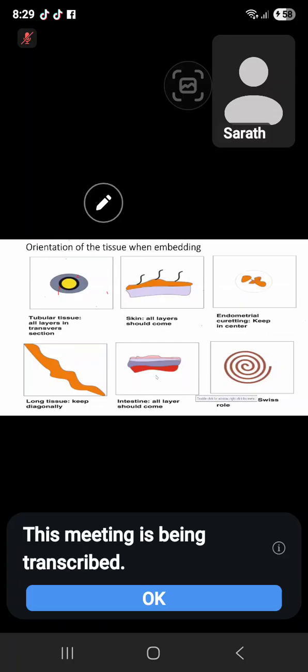Intestine, you should be able to get all layers. All layers should come.